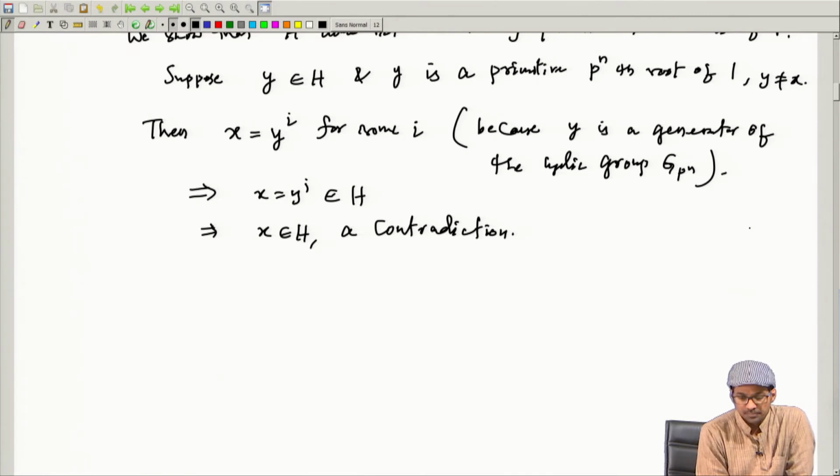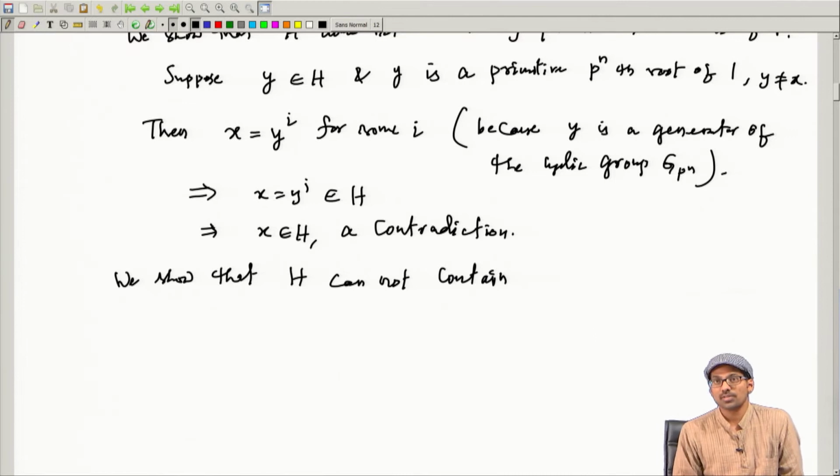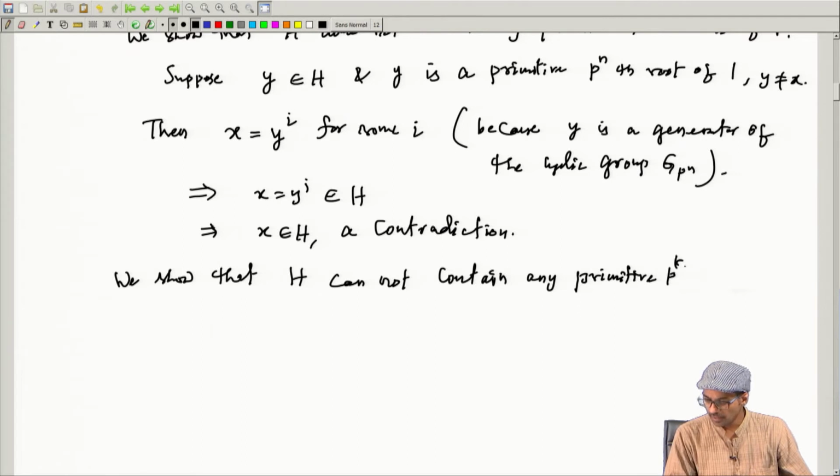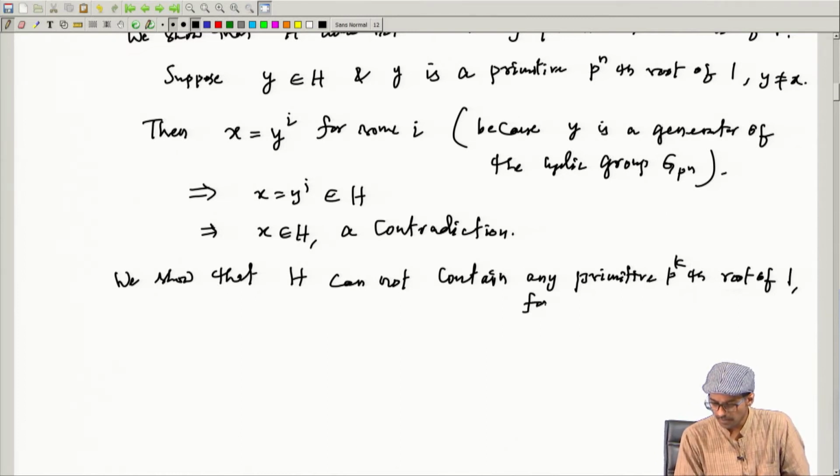Okay. So, and also we show that H cannot contain any primitive p power kth root of unity for any k greater than or equal to n.